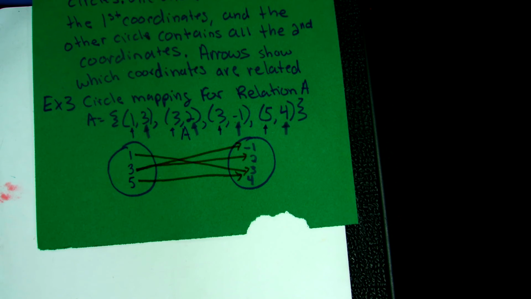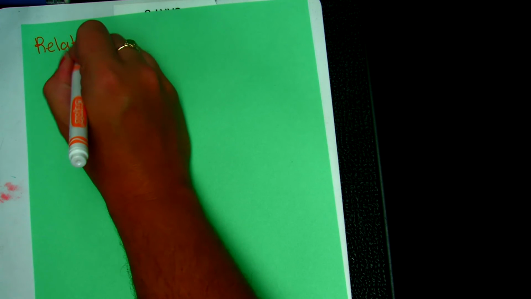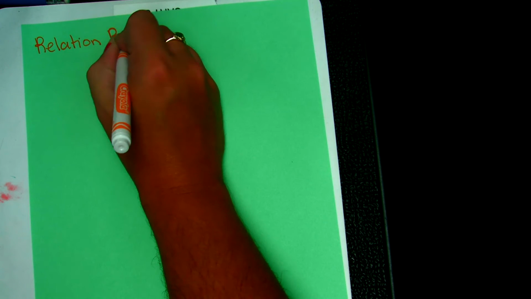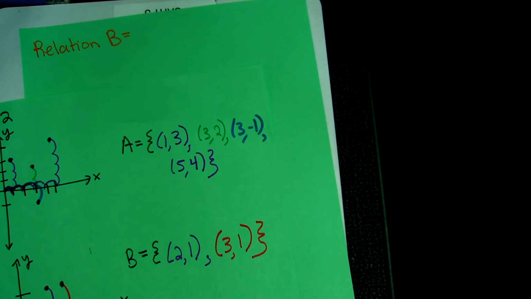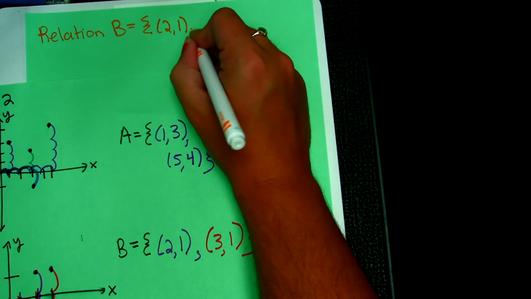All right, so now let's continue with example 3, because we were supposed to do circle mappings for both relation A and relation B. So now let's do a circle mapping for relation B, which, if we look back at example 2, was (2, 1) and (3, 1).